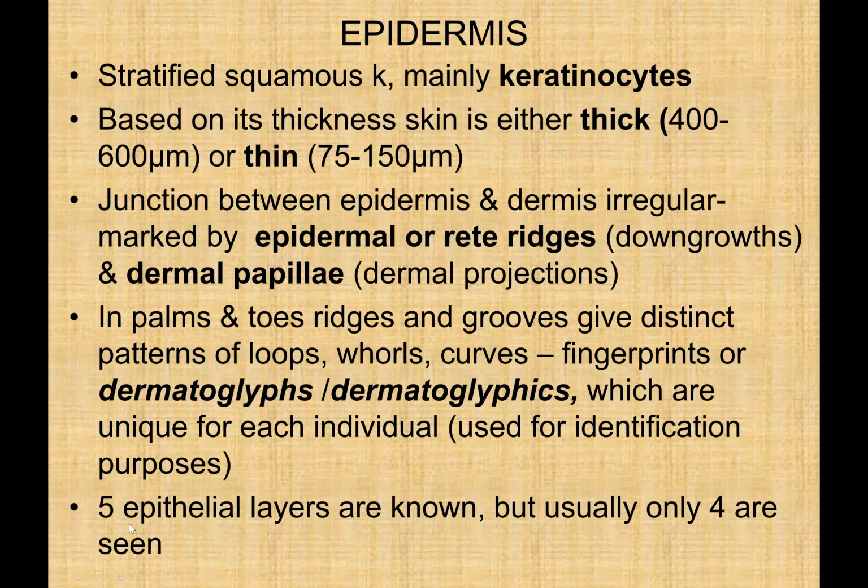Now, the epidermis is made up of 5 epithelial layers, but usually we see 4. You can only see the 5 in thick skin, but in thin skin, usually you see 4. So let's look at this.